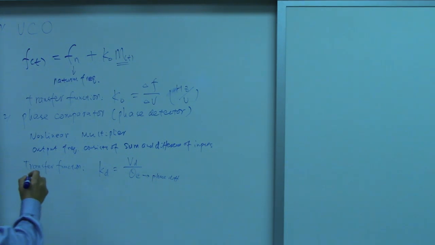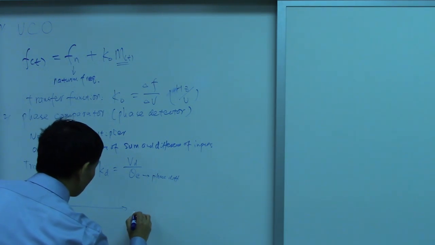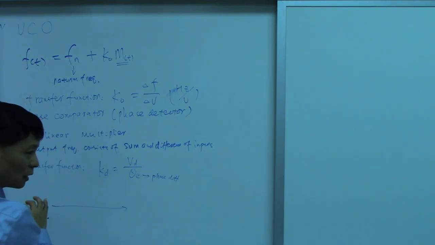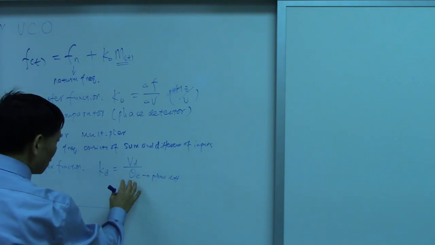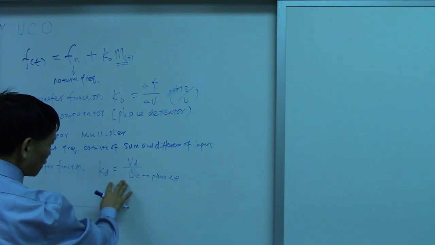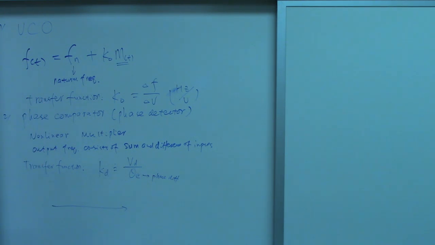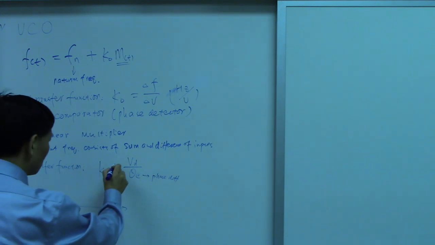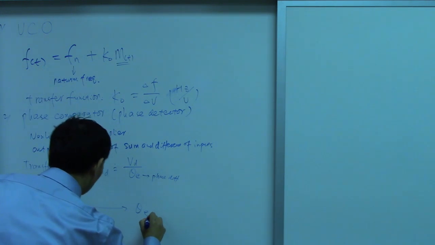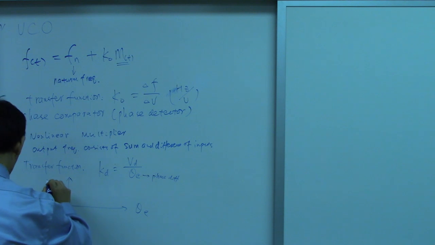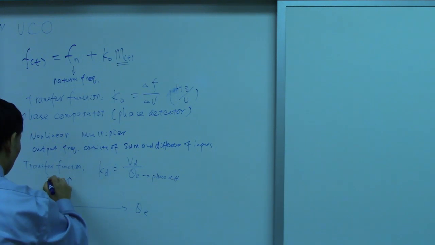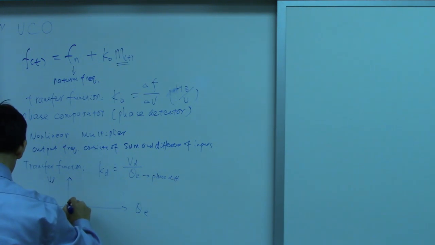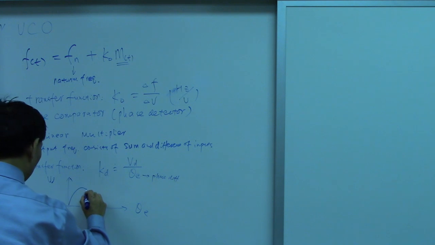And if we draw the picture, it's not exactly like this. Later we are going to discuss it in detail. Actually, this one is approximate, so we can put our approximation here. So this is the delta E, and this one here is the VD. Actually, it will be a sine function like this.